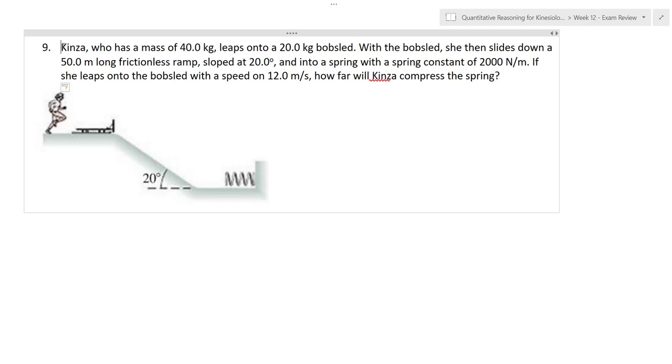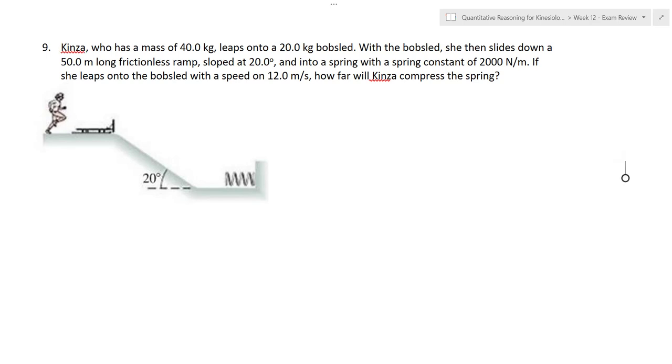We have Kinza jumping on a bobsled first, and then together Kinza and the bobsled slide down the hill, and then they compress a spring. So what type of question is this? It's actually a two-part question. Part 1 is Kinza jumping onto the bobsled, and that would be a collision.